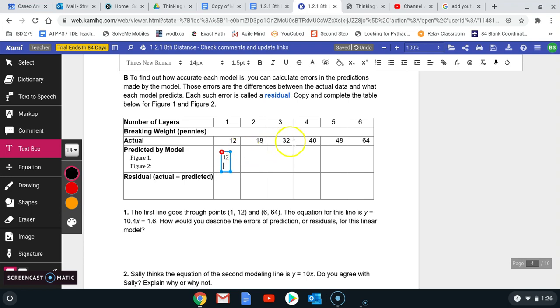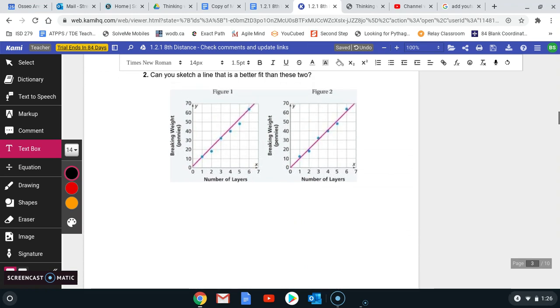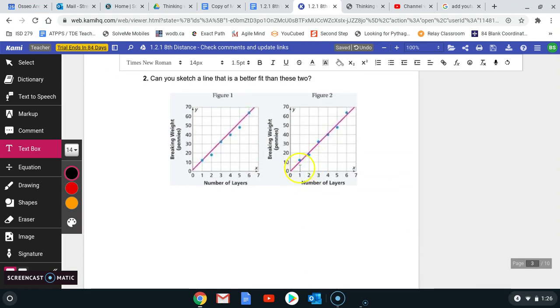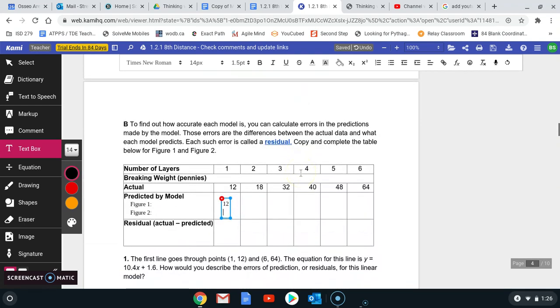And then underneath that, I could look back at figure 2. Now it looks like it's right underneath 12. Looks like it may be going through 10. So I'd put 10 underneath there. Again, I might do that same thing down here for the residual, figure 1 and figure 2.